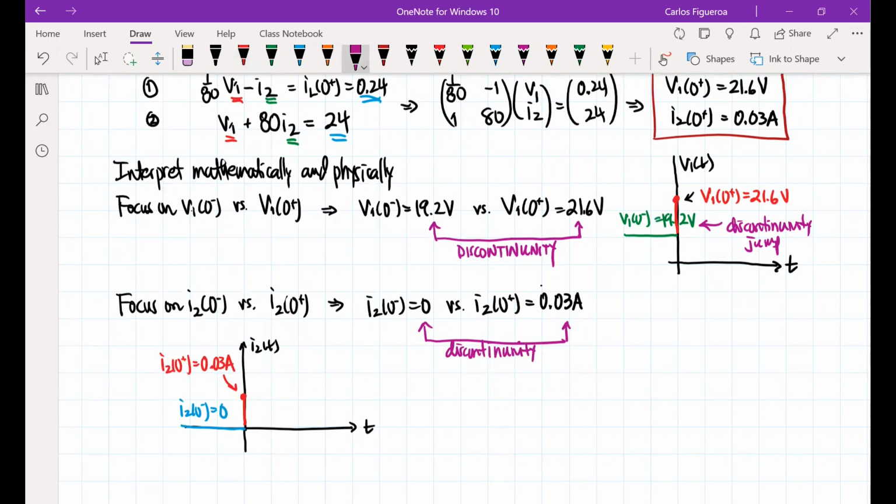So you could see that there is a discontinuity. And again, this should not be a surprise, because the switch radically changes the behavior of resistors in general.